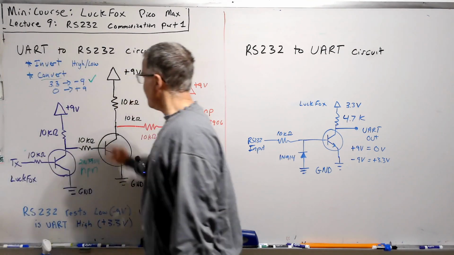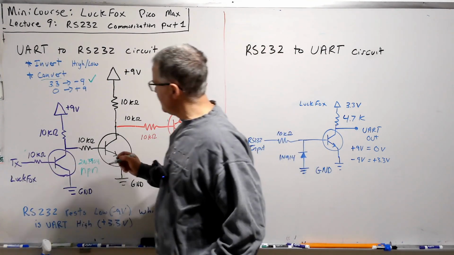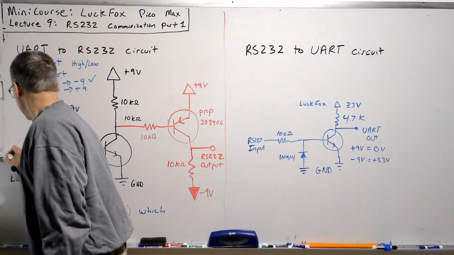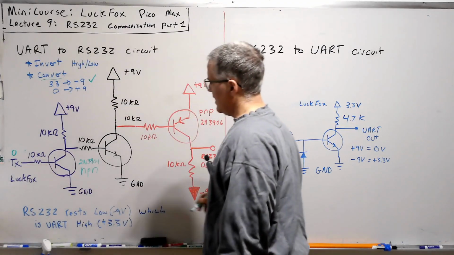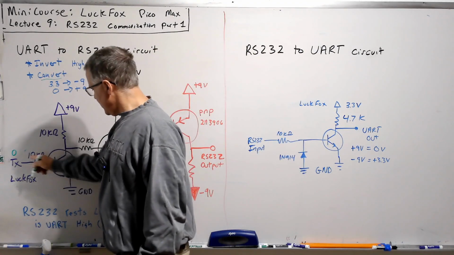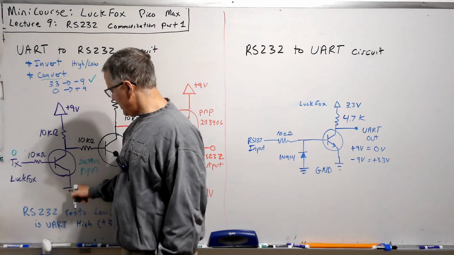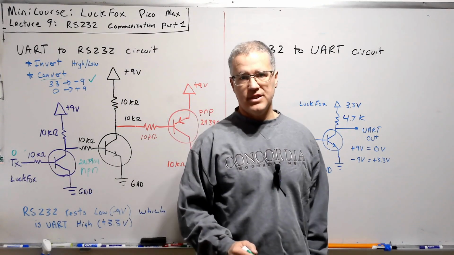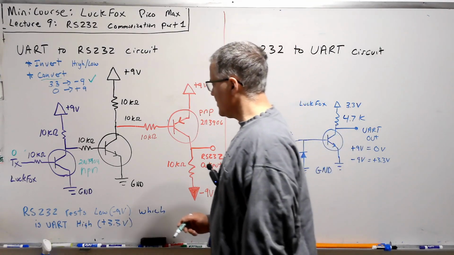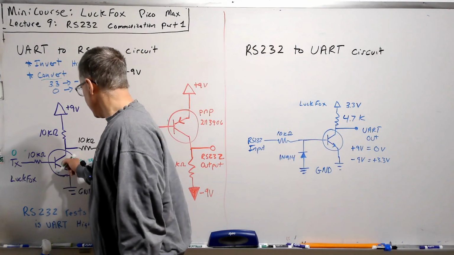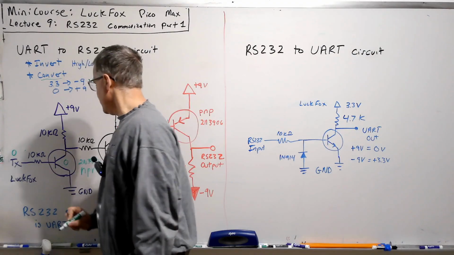Okay, so we've confirmed that the high gives us the minus 9, the high of the UART. So let's go to 0 here. So now we bring in 0. Now there's no voltage difference between the base and the emitter, so this is acting now as an open circuit.